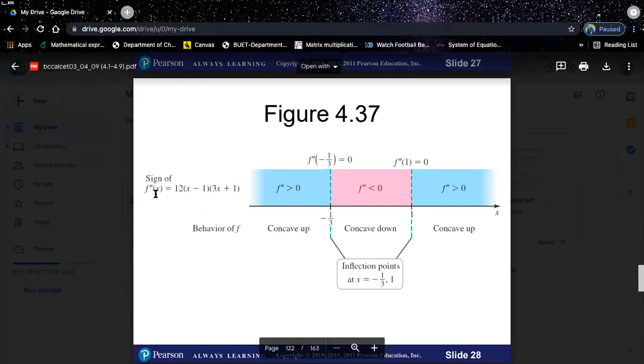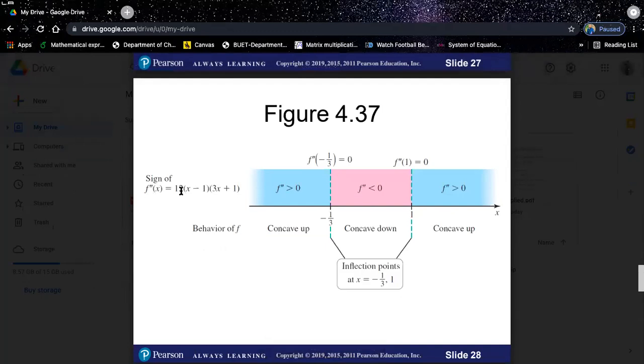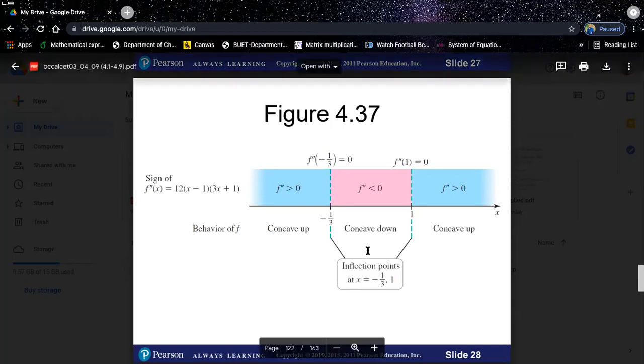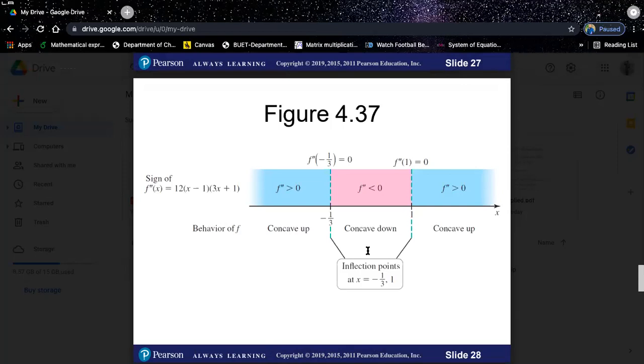Exactly, we just need to set the second derivative, which is already given here, to 0 and solve it. If we solve it for x, we get x equals 1 and x equals -1/3, right? And using the same approach we used for finding the increasing and decreasing parts of the function, we'll do the same for finding concavity, concave up or down, using the second derivative.